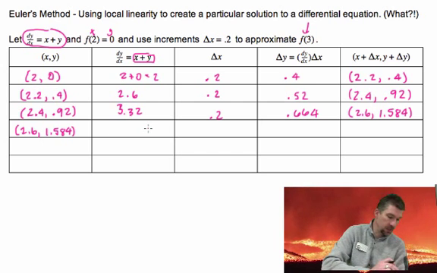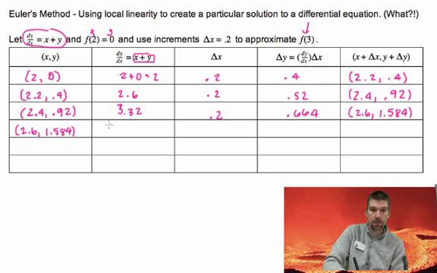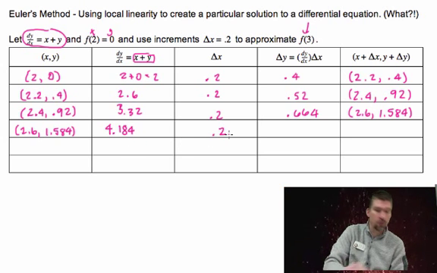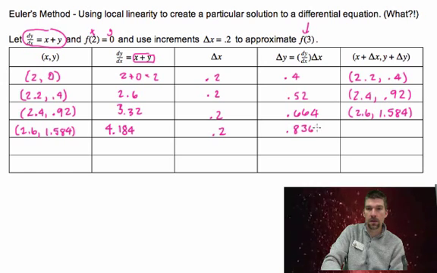I'm going to add those together, multiply by 0.2, which is 0.8368.